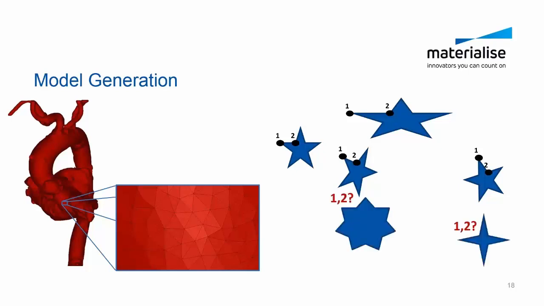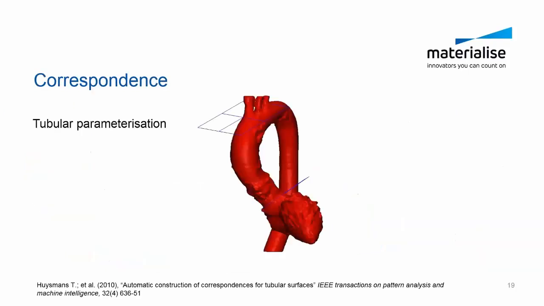But of course, what happens if you have multiple shapes that do not correspond one-on-one with the original shape? Then we do correspondence mapping. And in the case of the aortic root and arch in which we are interested, it's done in two parts.